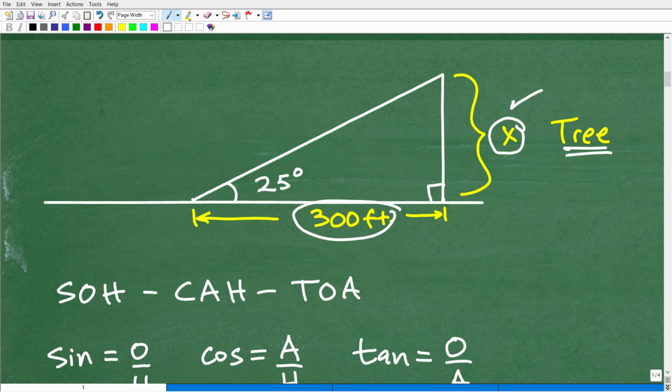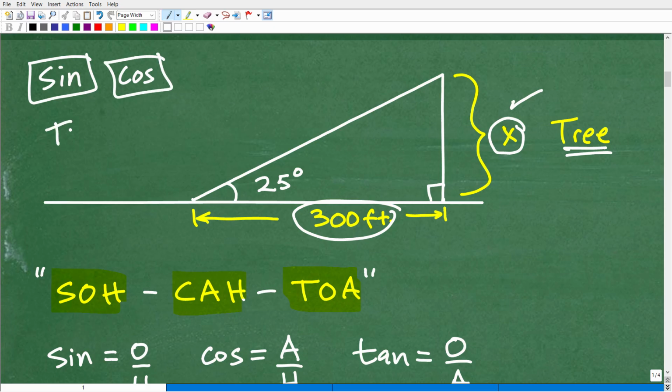So let's talk about basic trigonometry. When you're studying trigonometry, you learn this crazy phrase right here. This phrase has been around forever, like decades. I'm pretty sure your grandparents learned this phrase. It's called SOHCAHTOA. And we're going to be using these buttons on your calculator: sine, cosine, and tangent.